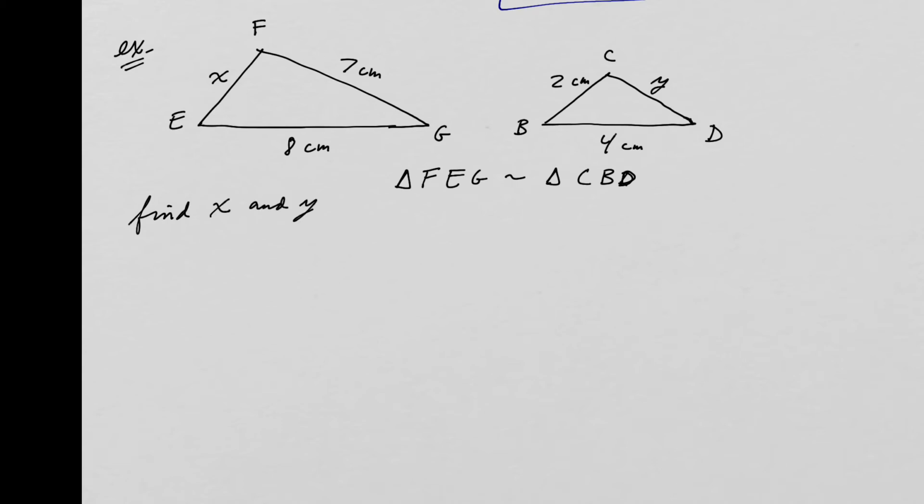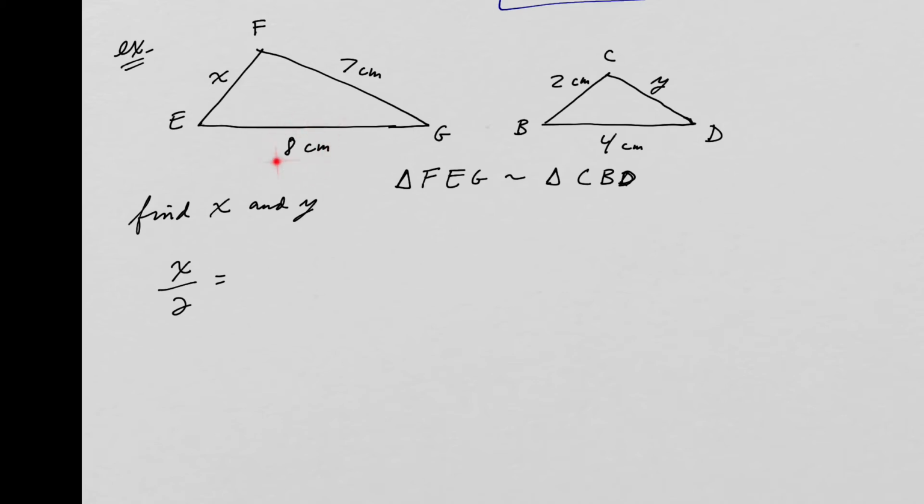So we can form a proportion, right? We can set two ratios equal. So let's start with X. If I start with X, I can form the first ratio by putting X over what is its corresponding side? Well, that's the 2 here, right? So I have X over 2 is equal to, and then I come back to this triangle. I guess I have to use this side, right?